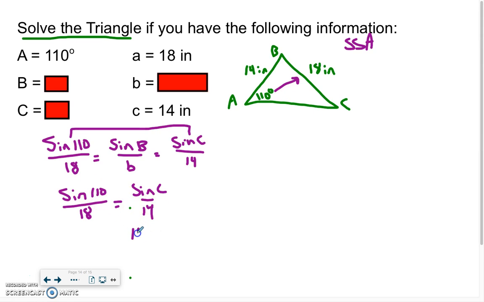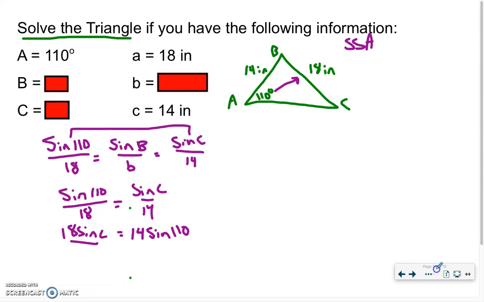And we cross multiply, so we get 14 sine of 110 is equal to 18 sine of C. To get sine of C by itself, because our goal is to isolate that angle, we need to divide by 18. So we get sine of C is equal to 0.7309.